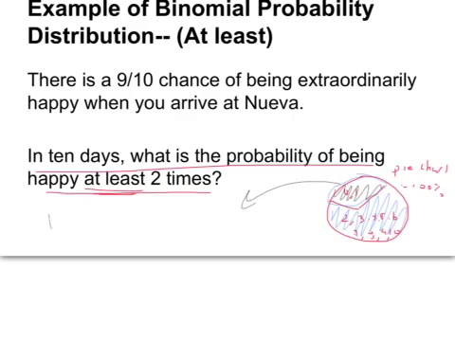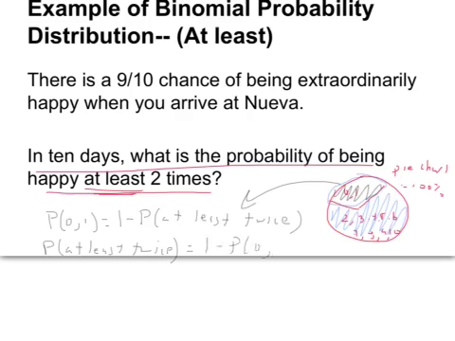So the probability of being happy at least twice is 1 minus the probability of being happy 0 times or 1 time. Okay, so let's use this idea.